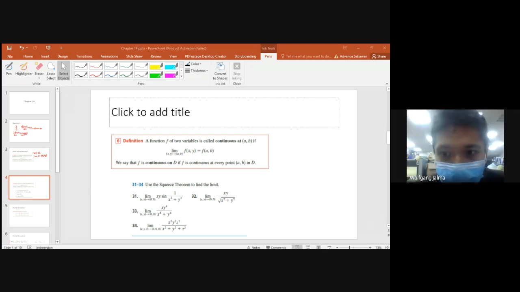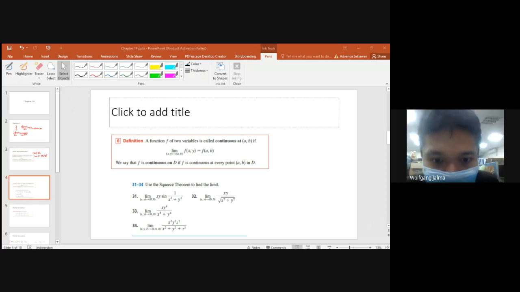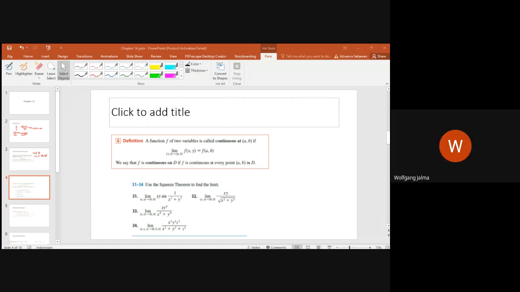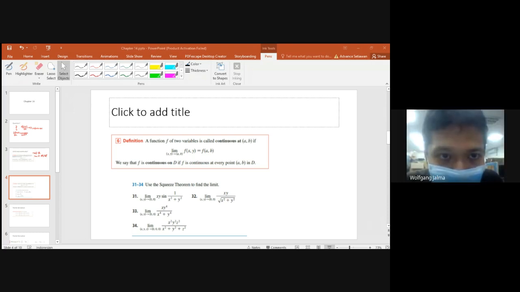I want to emphasize this case, because some mathematicians think continuity in two dimensions is something more complicated.